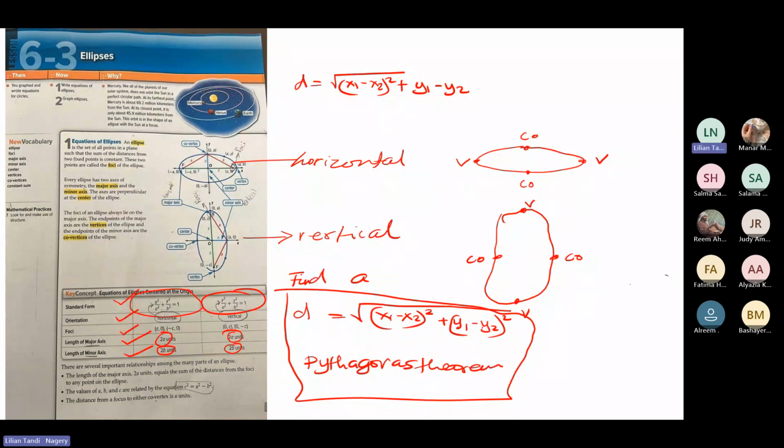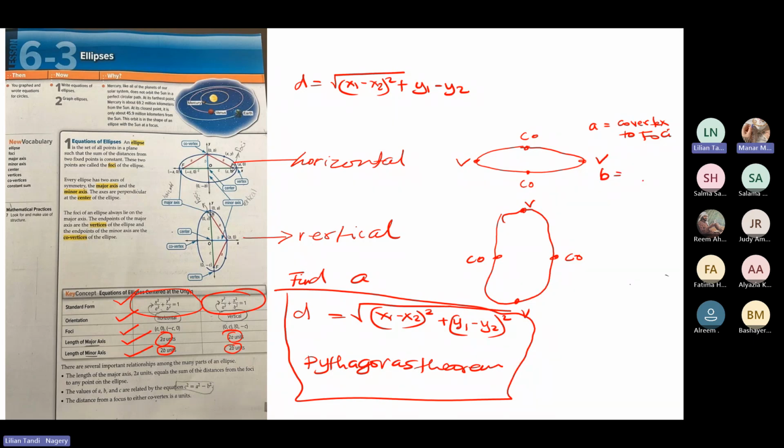All right, we continue. Now, you know the kanun, yes? So A is from the co-vertex. If it is horizontal, A is co-vertex to foci. Is that clear? And how do I find B if it is horizontal?